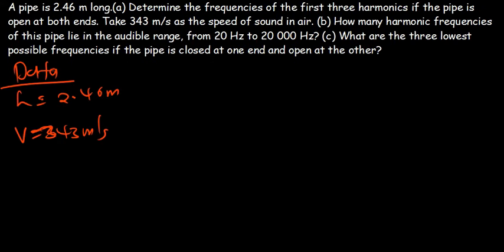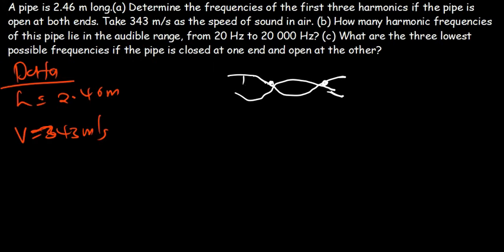If the pipe is open at both ends, we're talking about 3 harmonics, meaning I'll have 1, 2, like that. So it is open at both ends, and in this case, n is equal to 3.